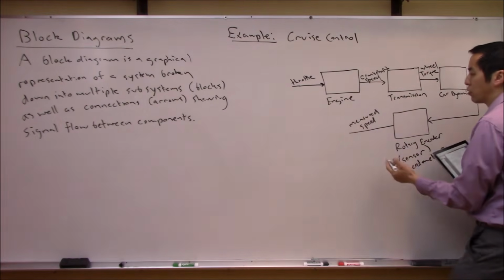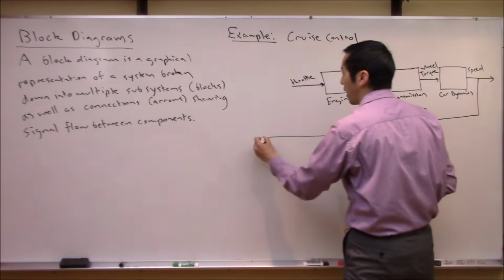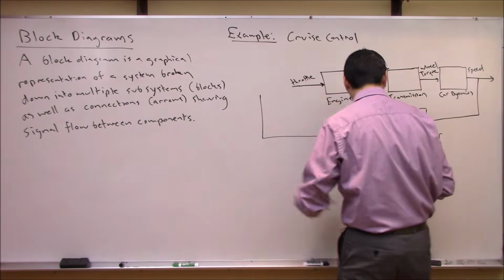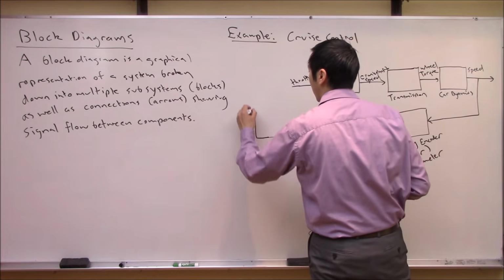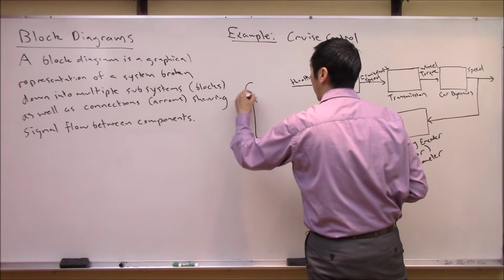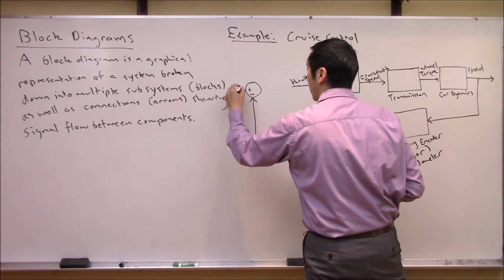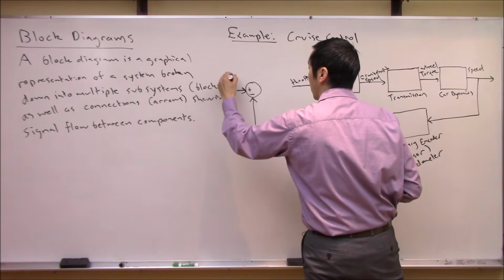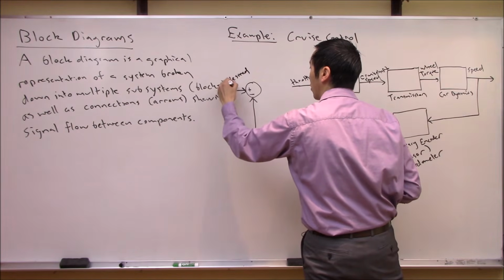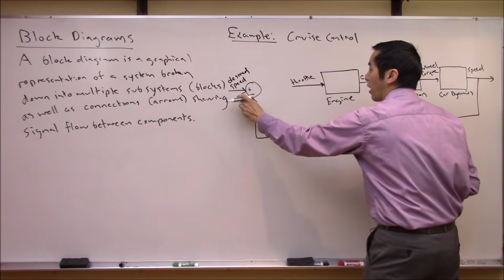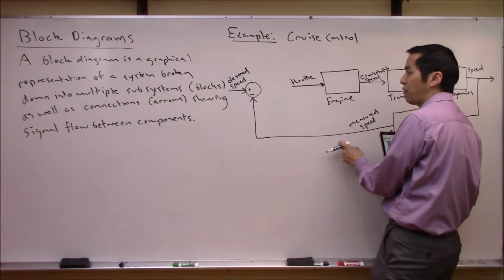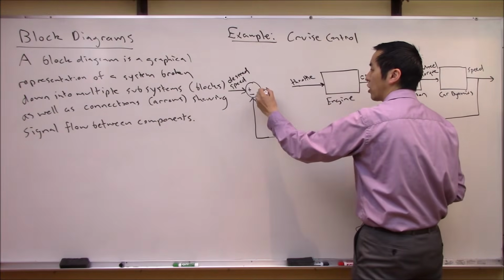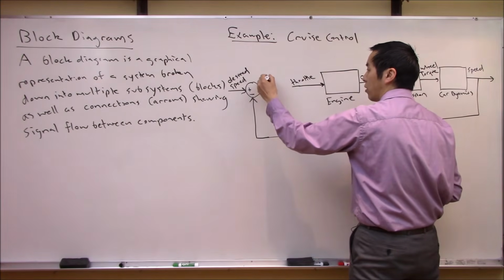What would you do with this measured speed? What you would probably do is come back here and compare this with a desired speed. So if you want to be going 60 miles an hour, but you measure that you're only going 55 miles an hour, that is going to generate some kind of error signal.